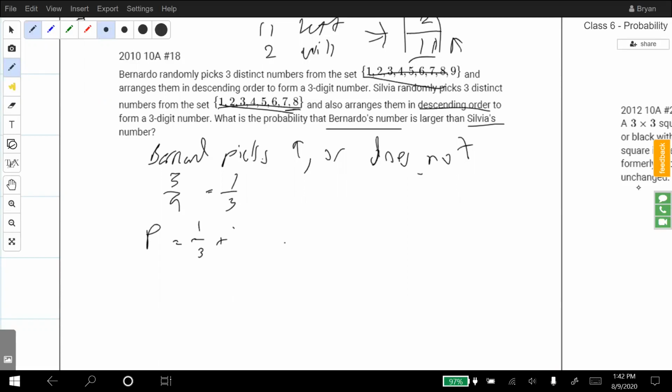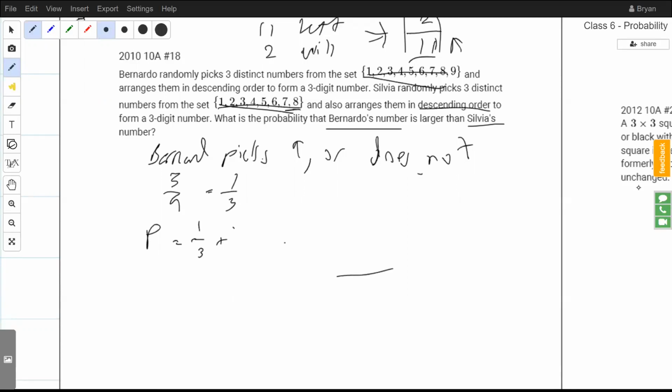So there are a total of 8 choose 3 squared ways in which they can each choose a number, and there are 8 choose 3 ways in which the numbers can be the same. So that's 1/56, the probability that Bernardo and Sylvia choose the exact same number.